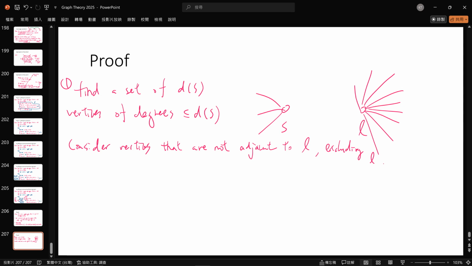How many vertices are not adjacent to L? This is just the number of vertices in the whole graph minus the degree of L, minus 1 because we cannot consider L.